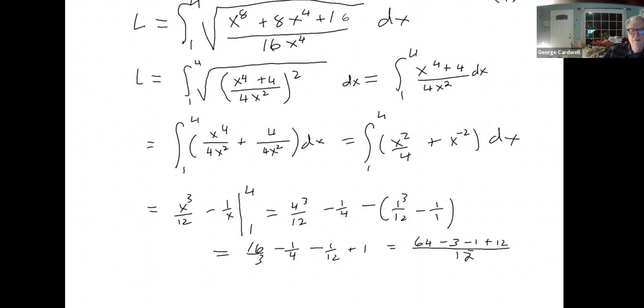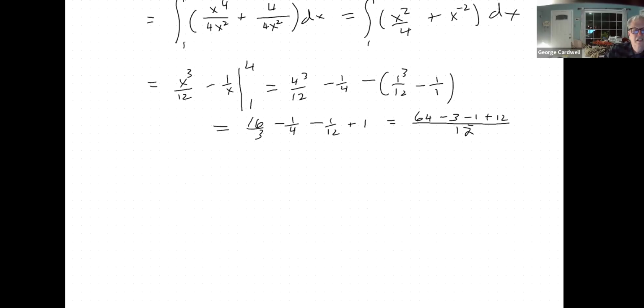So now let's see, this would be 60 plus 12, right? Because that would be minus 3 plus 64 would be 61, minus 1 is 60, and then plus 12, so you get 72 over 12. So what's that? 6. There you go. 6 whatever units is the length of that curve.